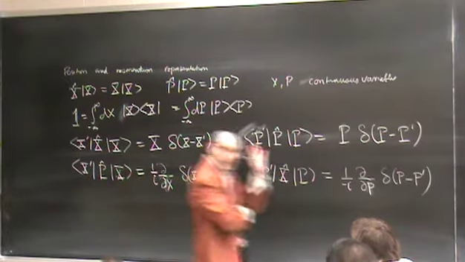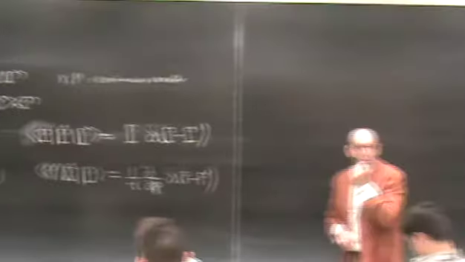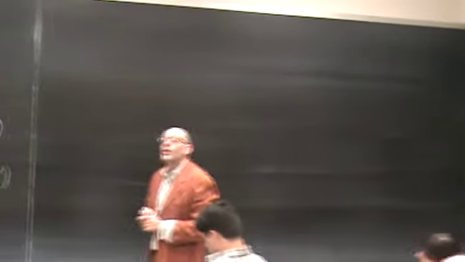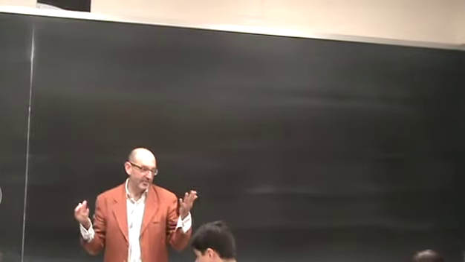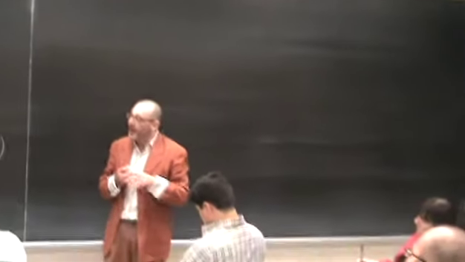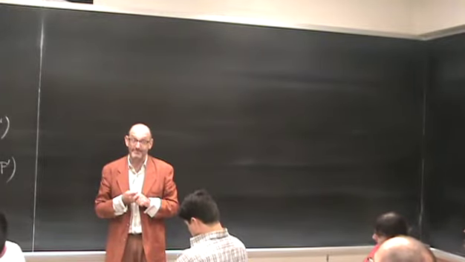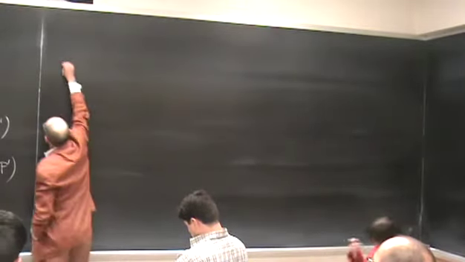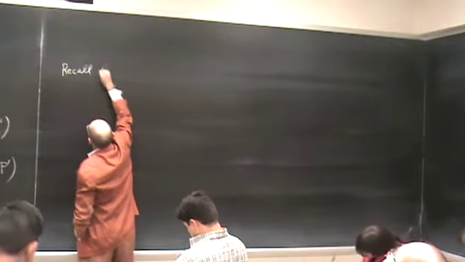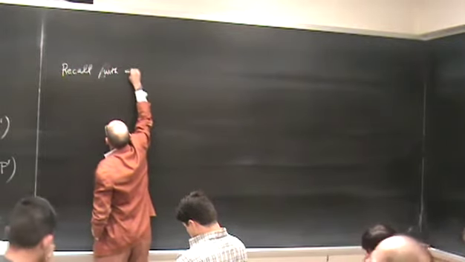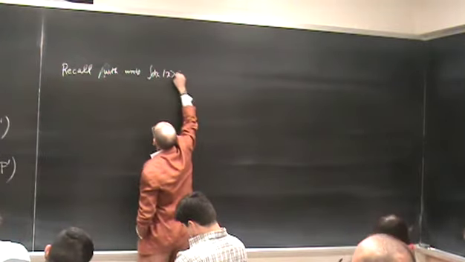Indeed, to emphasize that, let me say one quick point. Recall that with the units in the problem, the kets X and P had units, right? So recall, with units, we had these guys.